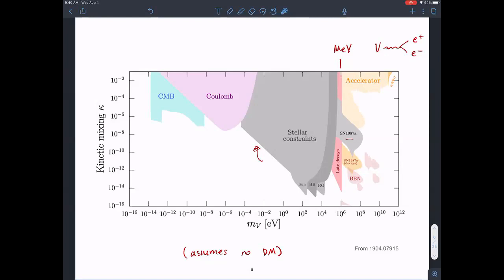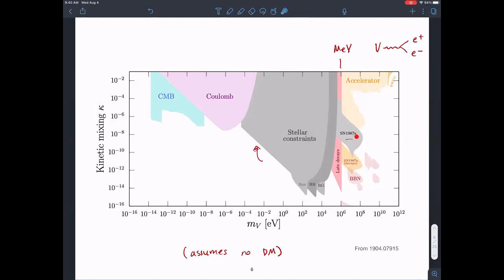I know you said you don't want to go into all of the constraints, but could you very quickly say why there are two supernova constraints? What's the difference between the green and the yellow? This supernova constraint is from producing the dark photon and assuming it escapes, then it will cool the star, and you can compare that with neutrino cooling.